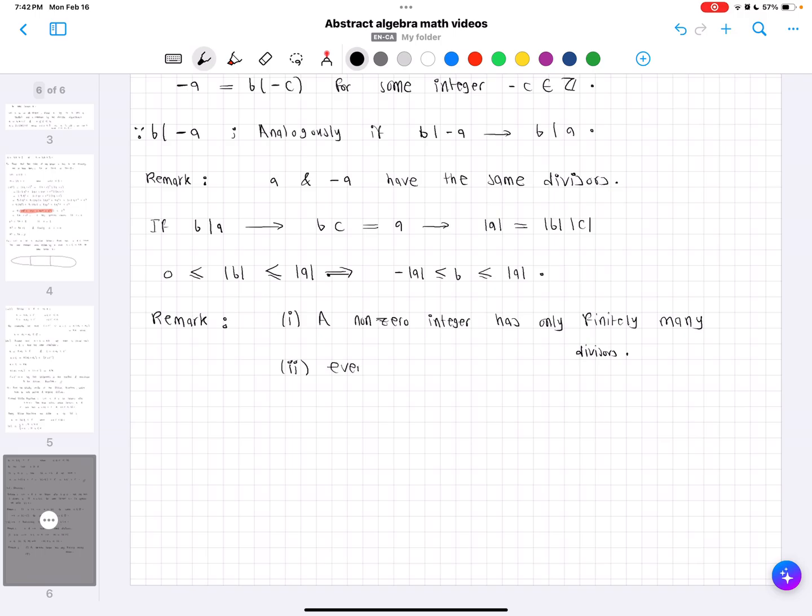So every divisor of a non-zero integer A is less than or equal to the absolute value of A.